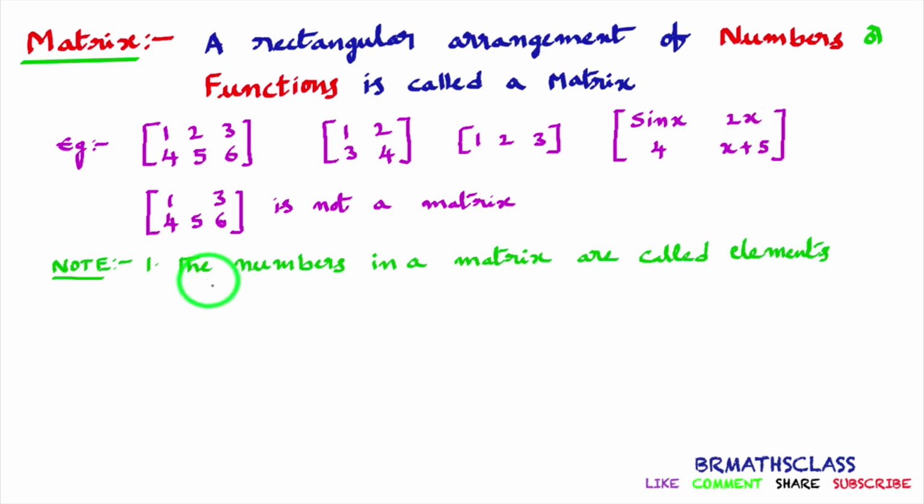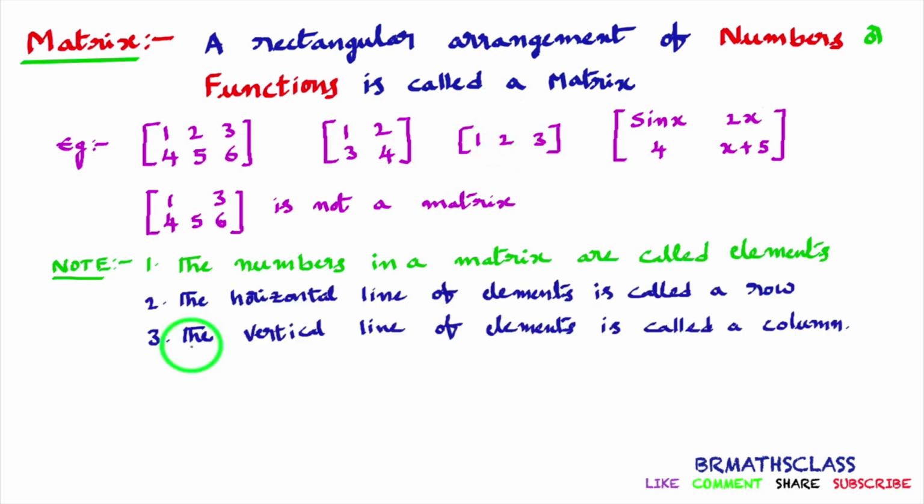Please try to understand: the numbers or functions in a matrix are called elements. Okay. Now, you observe this matrix. In this matrix, how many elements are there? 1, 2, 3, 4, 5, 6. Total 6 elements are there in this matrix. You observe this matrix. In this matrix, how many elements are there? 3 elements are there.